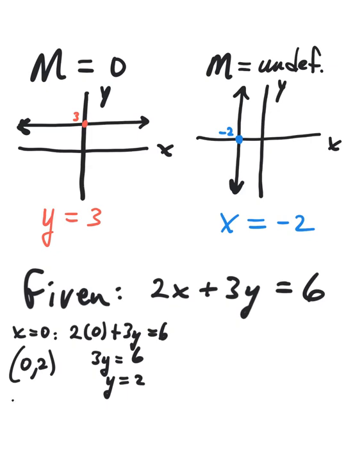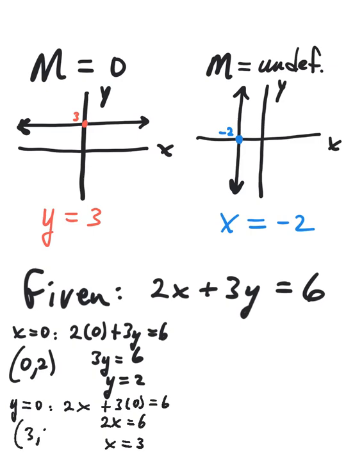If we let y be 0, 2x plus 3 times 0 equals 6. That gives us 2x equals 6, so an x value of 3. By letting each variable take a turn at being 0, you will have identified your x and y intercepts. You plot those 2 points, connect them, and there's your line.